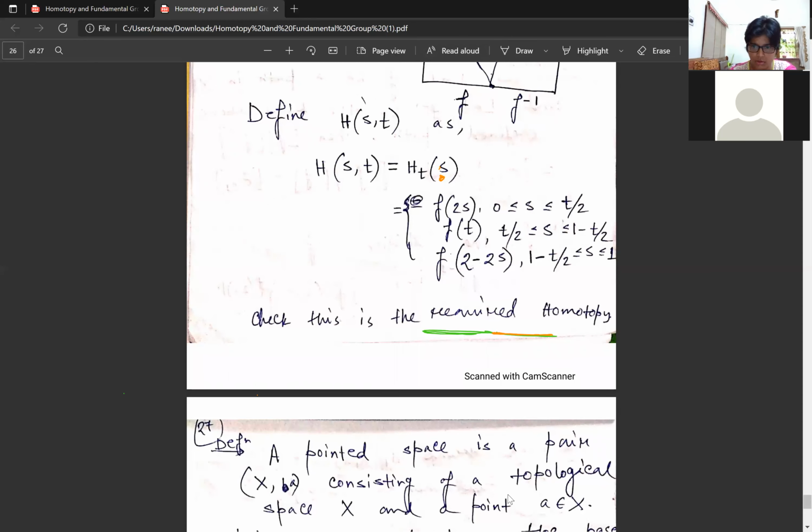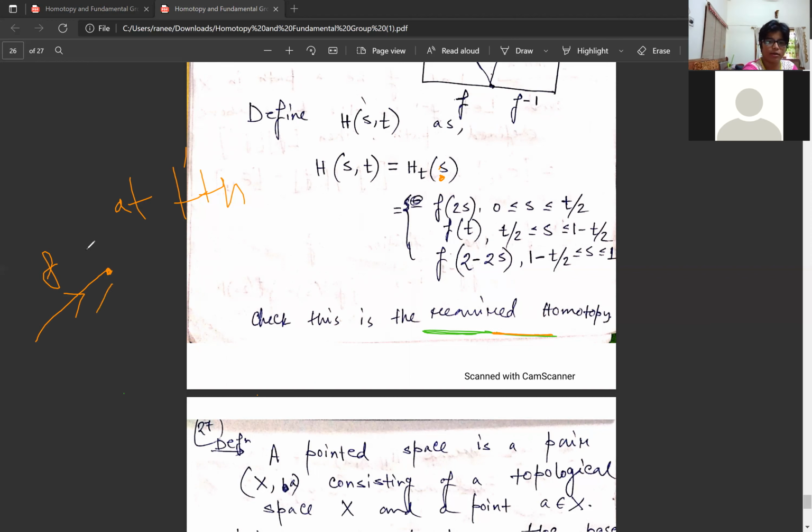Yeah, so at each time t, you are going through f for the first half at the t-th time, you are moving over this path, and then you are sitting here, and for the remaining time, 1 minus t by 2 to 1, you are traversing back. This is f inverse.